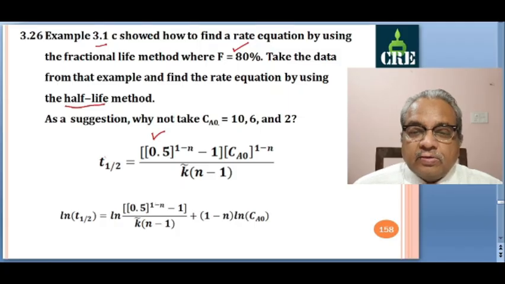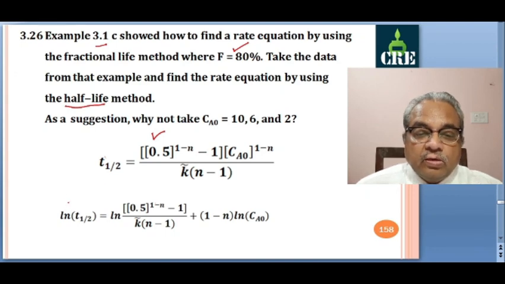It is suggested that we take CA0 values as 10, 6 and 2. We know T half is equal to 0.5 raised to 1 minus n, minus 1, into CA0 raised to 1 minus n, divided by k into n minus 1. Now this is the equation which we have derived earlier.